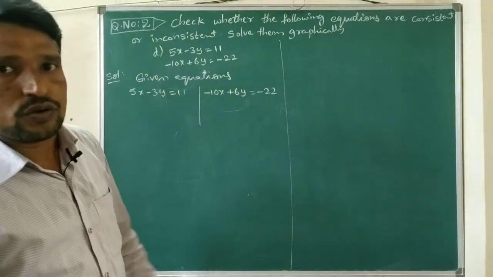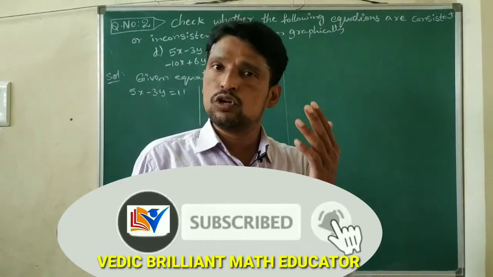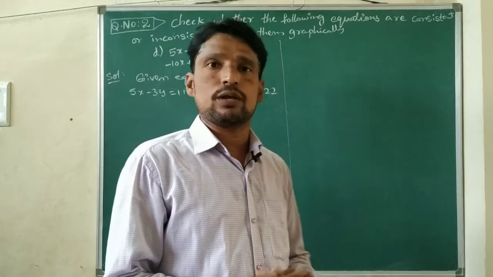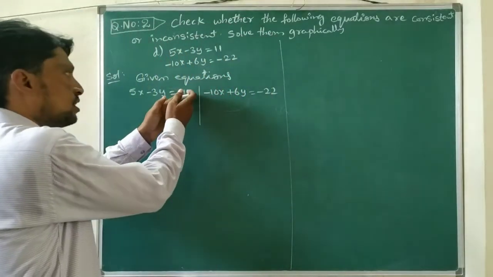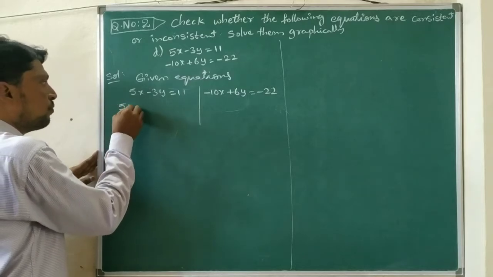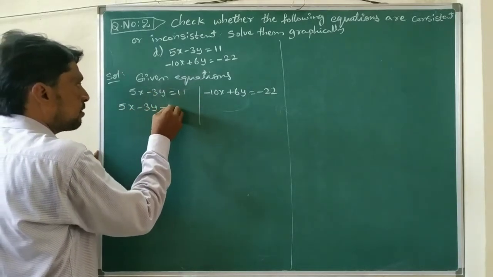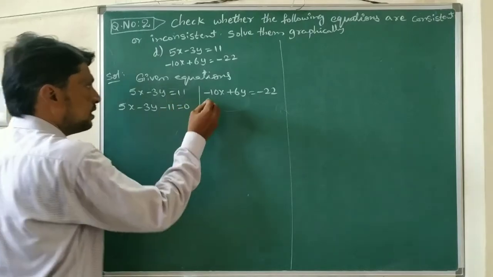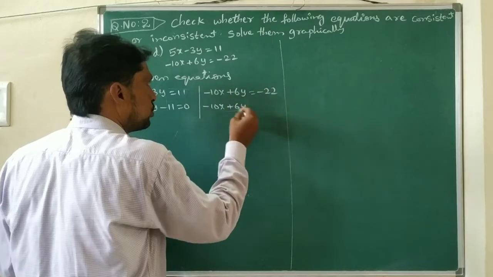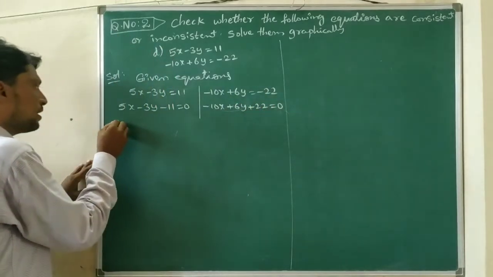We need to write these in the form a1x plus b1y plus c1 equal to 0 and a2x plus b2y plus c2 equal to 0. That means we have to transpose the constant to the left. Transposing to the left, 5x minus 3y, plus 11 becomes minus 11 equal to 0, and minus 10x plus 6y, minus 22 becomes plus 22 equal to 0.